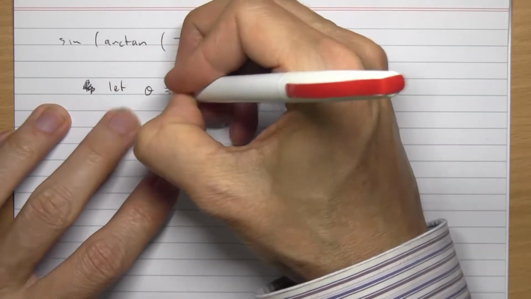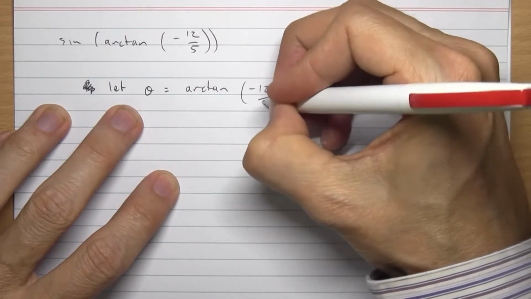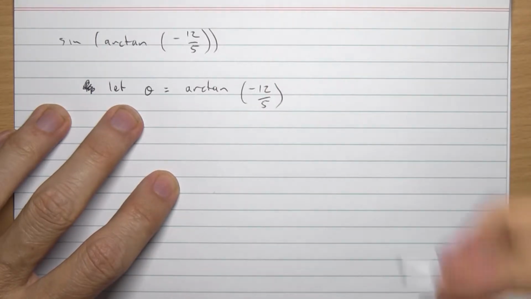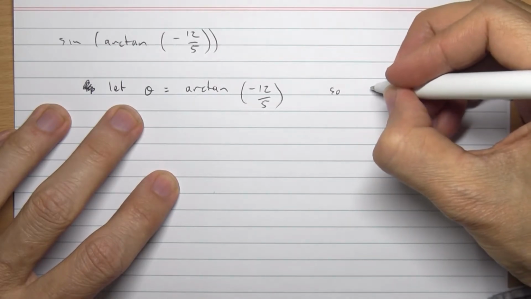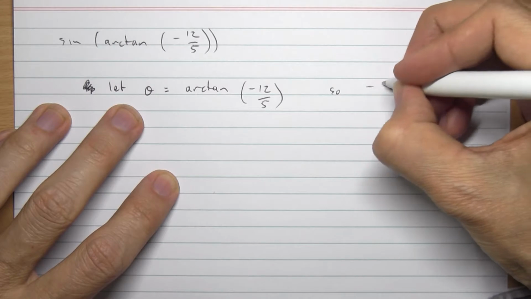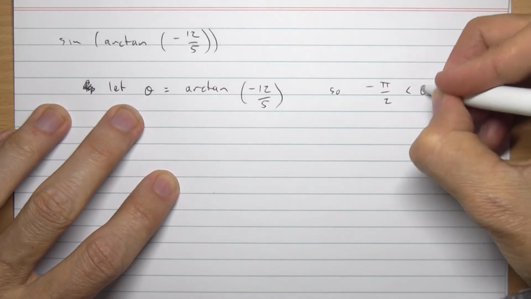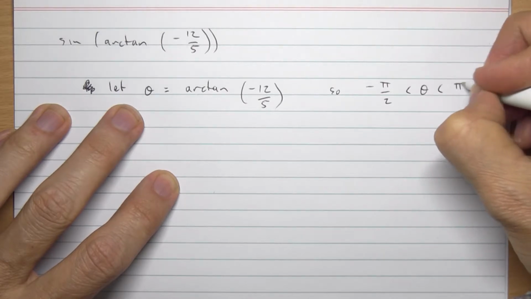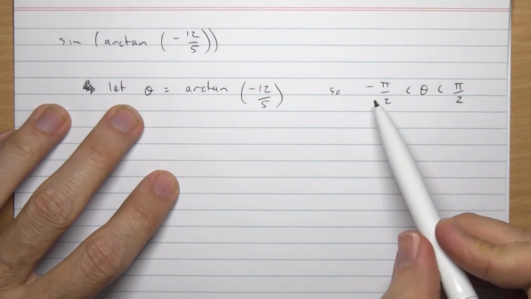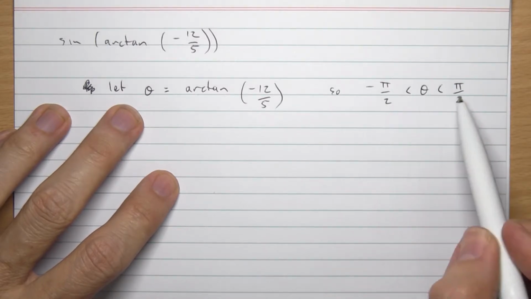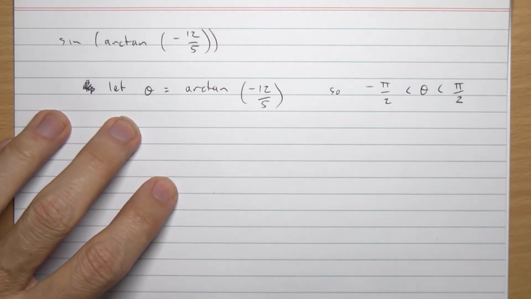Let theta equal arctan of negative 12 on 5. Then I know that my angle is between negative pi on 2 and pi on 2. Sorry, I got myself confused there. Anyway, I know this is true.